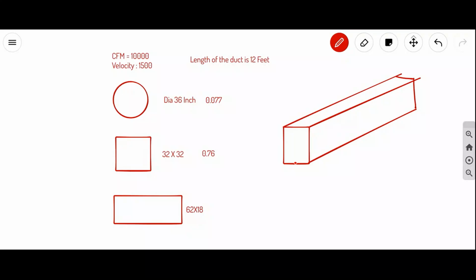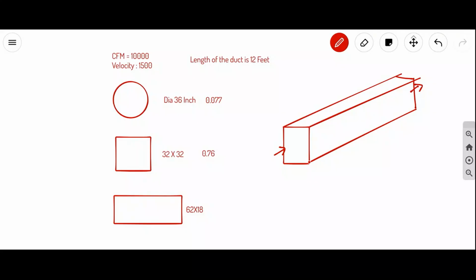So now I need to throw the air from this point to this point, so I need some pressure. That pressure is given by the blower, and the blower runs on the motor.